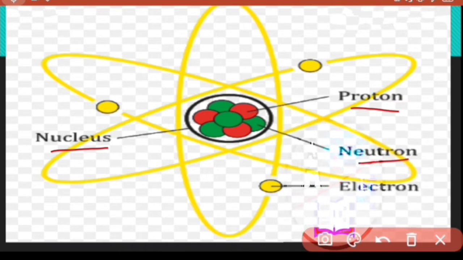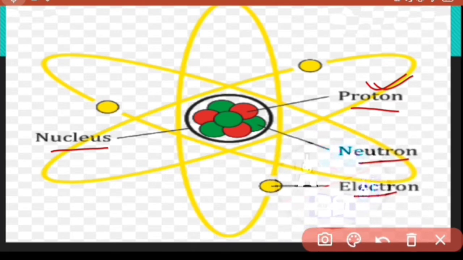Protons and neutrons are together known as the nucleons. As they are present inside the nucleus of an atom, they are also called the nuclear part of an atom. The nucleus of an atom is always electrically positive due to the presence of the positive protons.